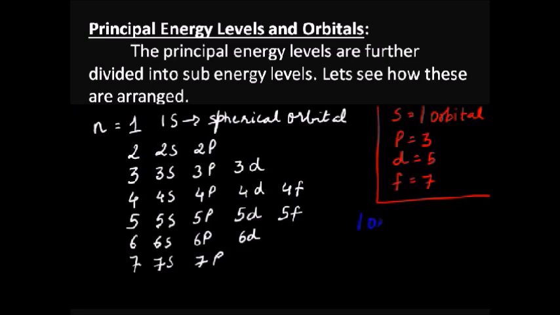One orbital has a maximum capacity of only 2 electrons. Therefore, the S orbital has 2 electrons, P has 6 electrons, D has a maximum capacity of 10 electrons, and F has the capacity of 14 electrons.